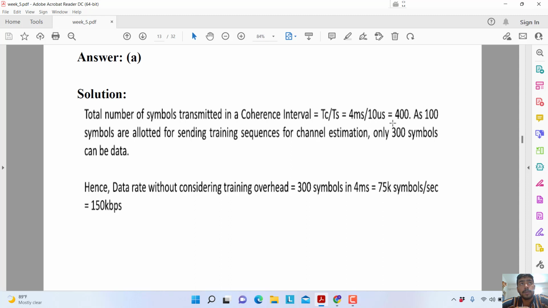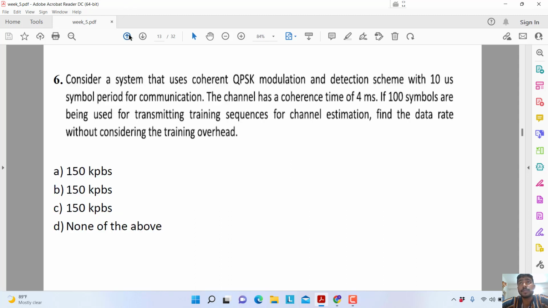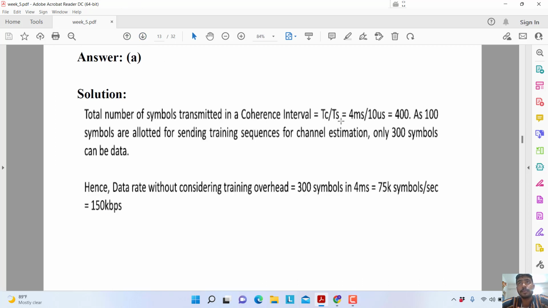From there we get the number of symbols, which is 400. The condition is that 100 symbols are used for transmitting the training sequence for channel estimation, so we subtract 100 from 400 and we get 300 symbols. So only 300 symbols can be data.